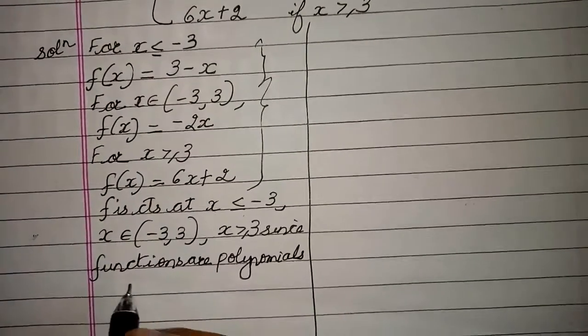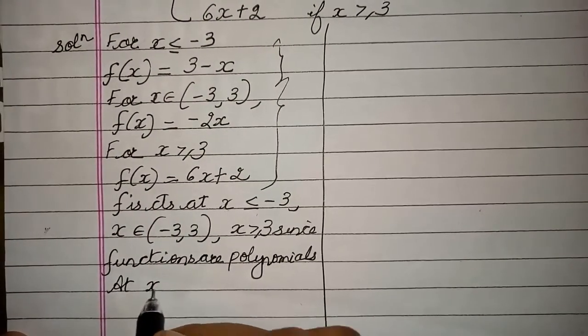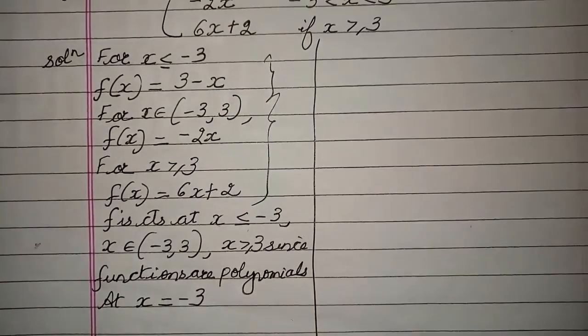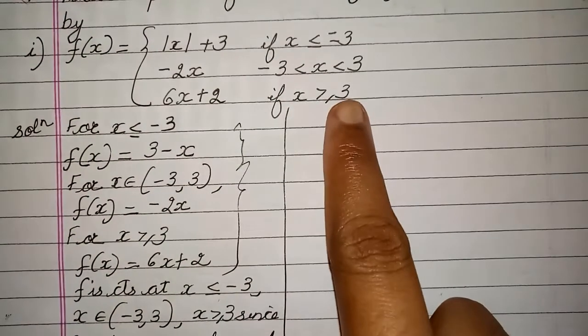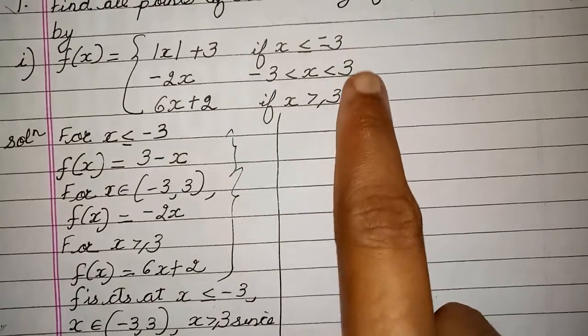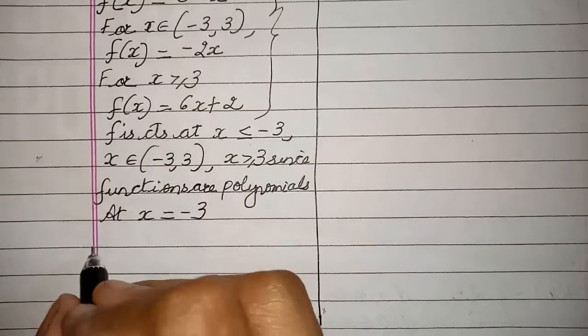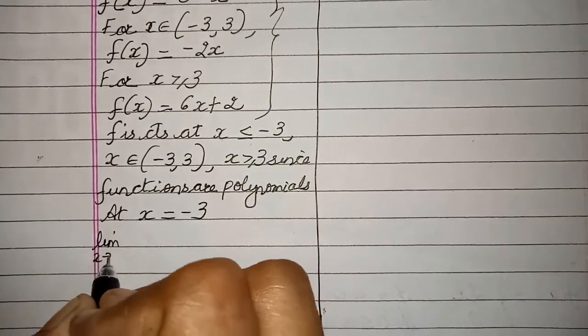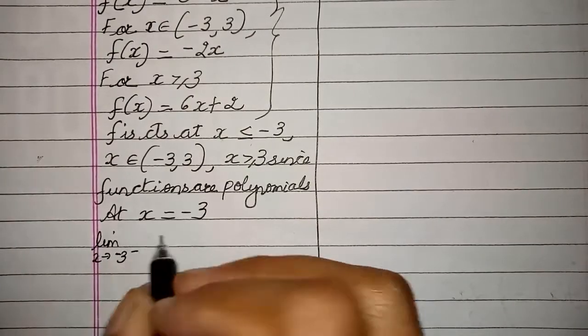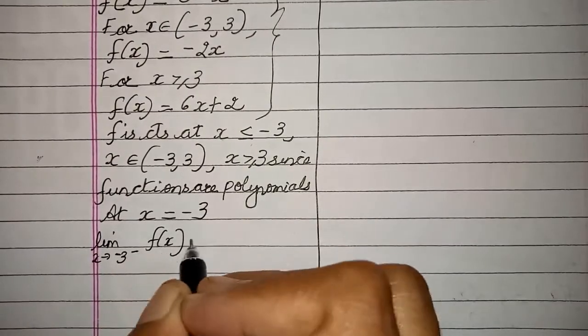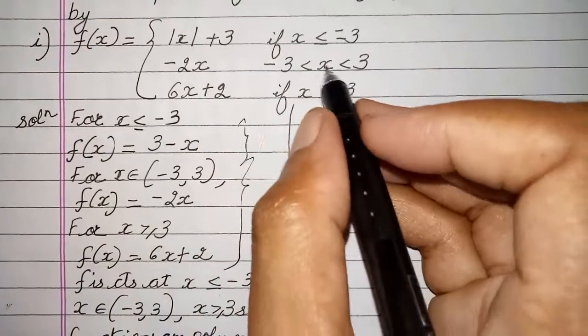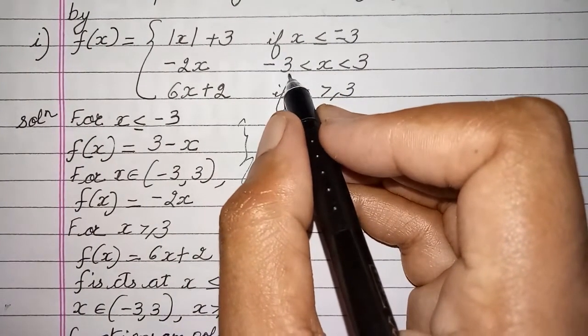Now your problem is at x equal to -3, what happens? That means at the boundary, and also at x equal to 3, what happens? Yes, the remaining cases we have solved. So let's check the second definition. It is limit as x tends to -3 from the minus side of f of x. So what is that? -3, it is coming from your left side.